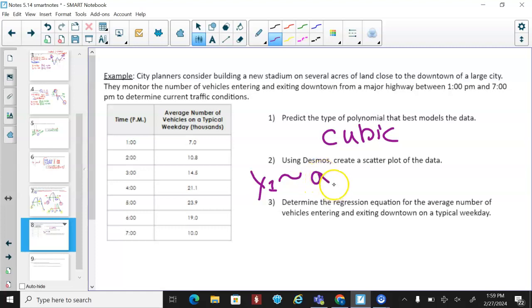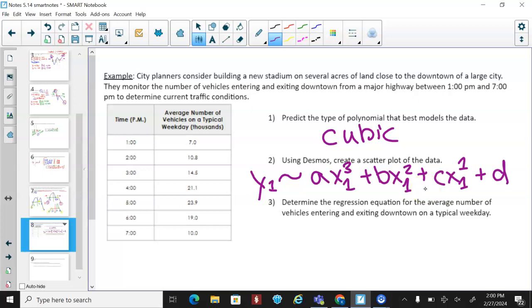Now, since it's a cubic, it's going to be ax1 cubed plus bx1 squared plus cx1 to the first power plus d. So this is a cubic regression formula, okay?